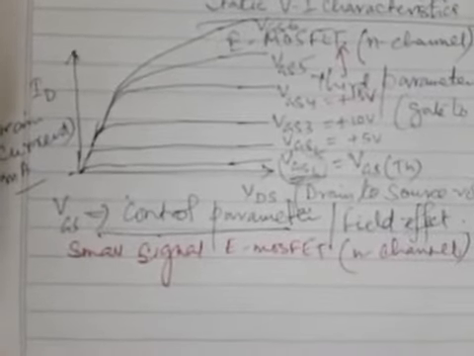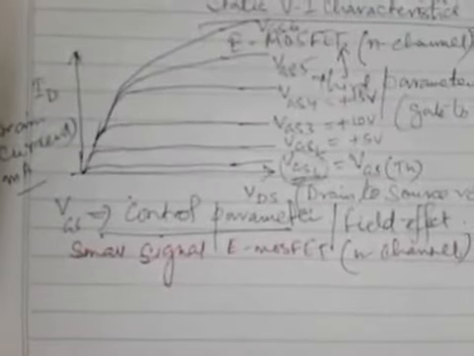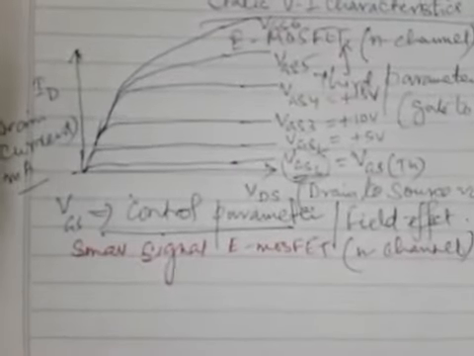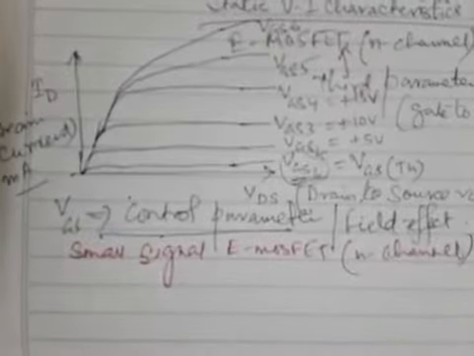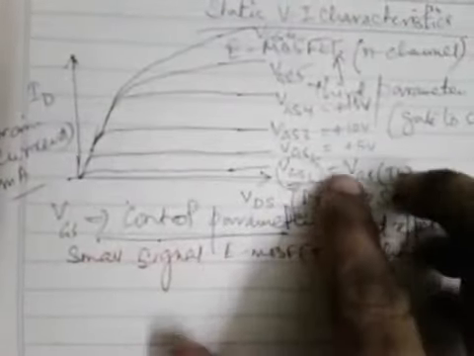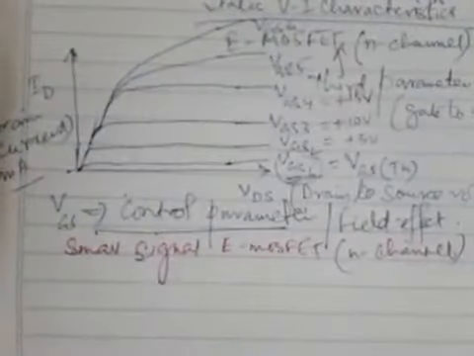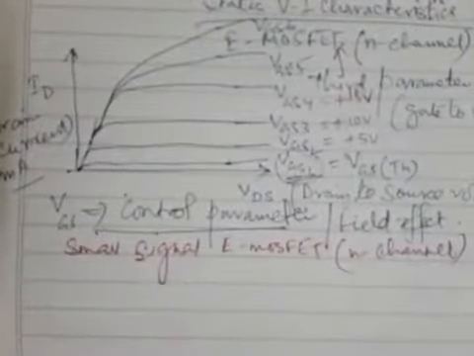This is the N channel enhancement mode diagram, and the enhancement is happening here, because the more we increase the positive gate to source voltage, the more we increase the drain current.